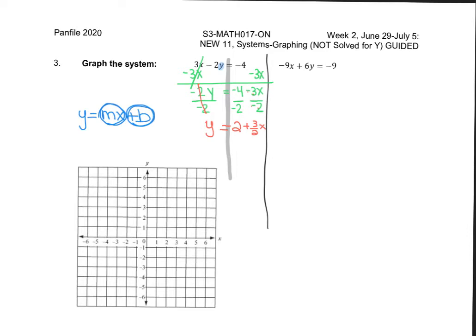So when I rewrite this, I am going to rewrite this y equals, and if I look at it kind of highlighted, right, this piece needs to go first. This piece needs to go second, and our signs need to stick with us.